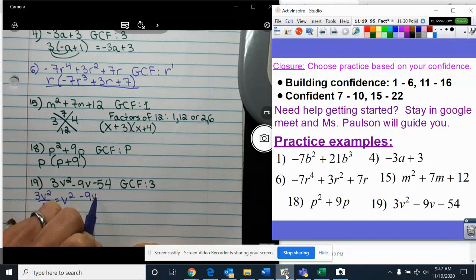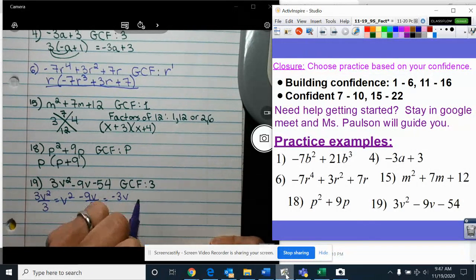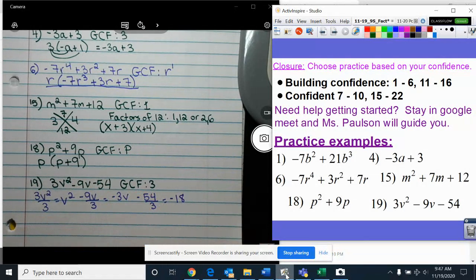Negative 9v divided by 3 is negative 3v. And negative 54 divided by 3 is negative 18.